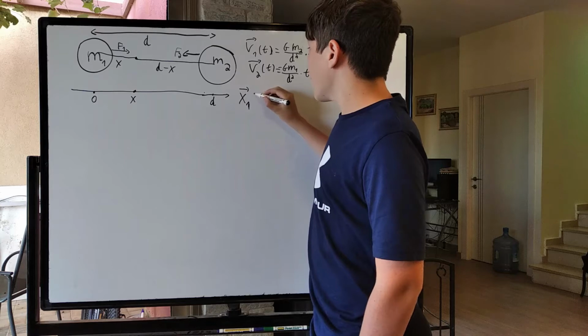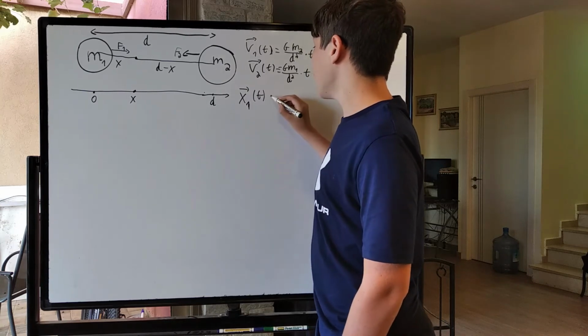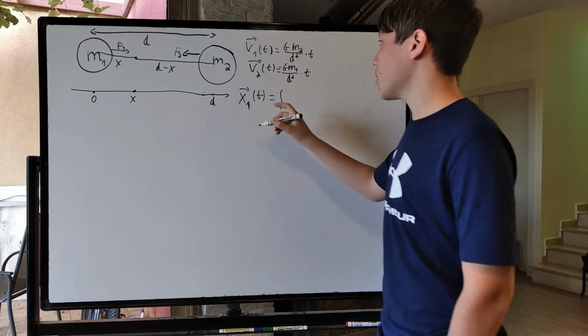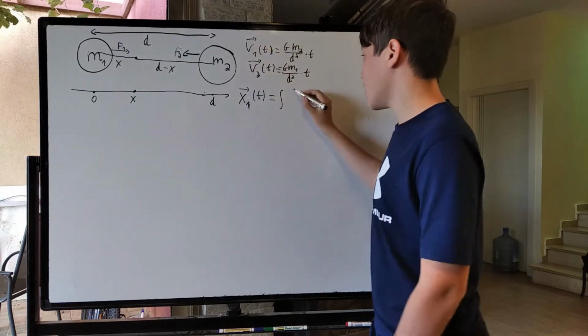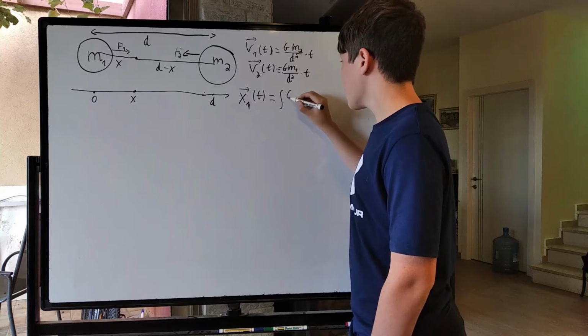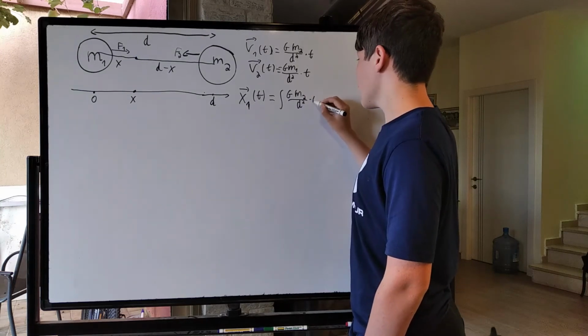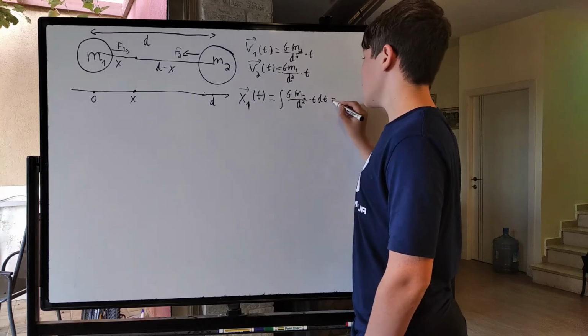So x1 of t, this is going to be the integral of v1 of t, which is gm2 over d squared times t dt.